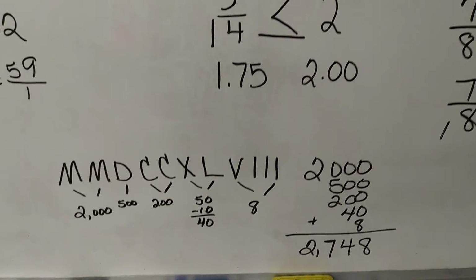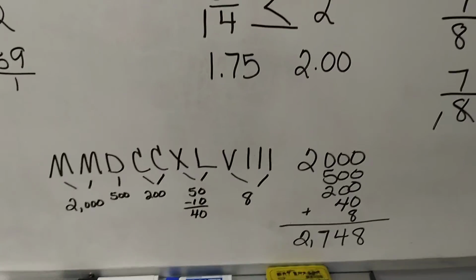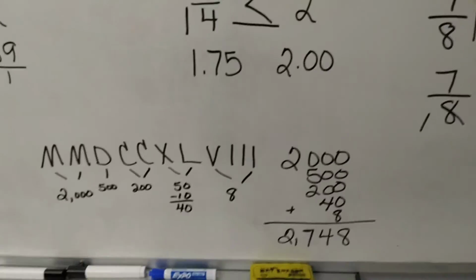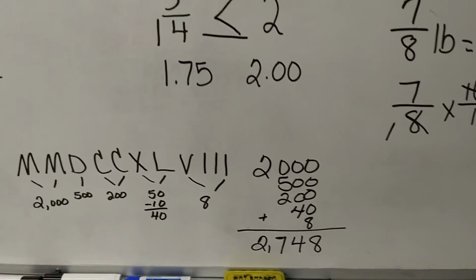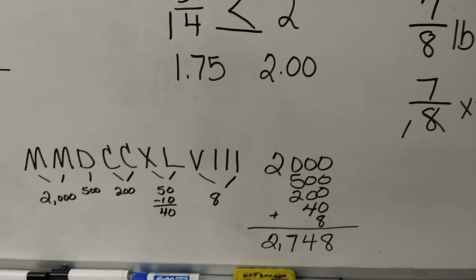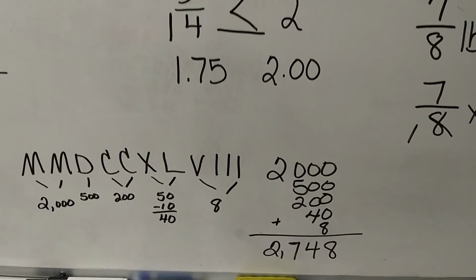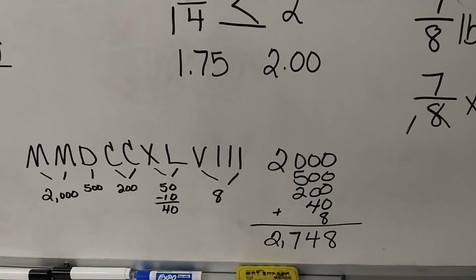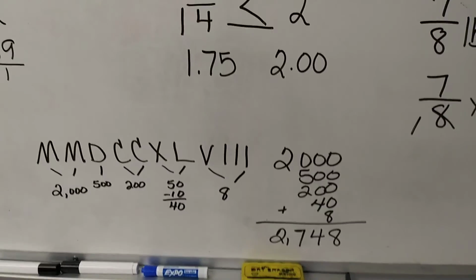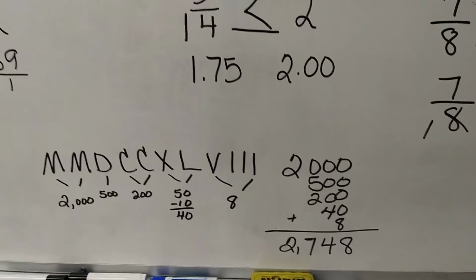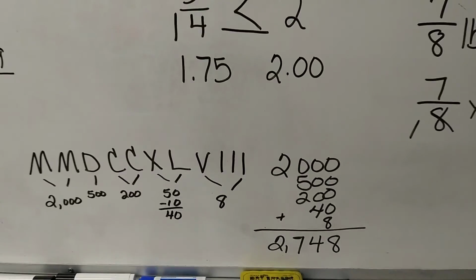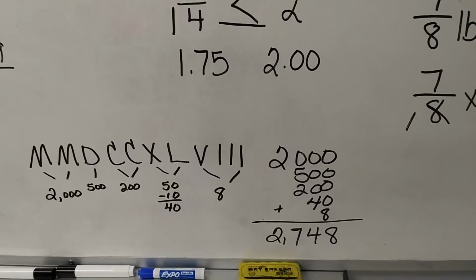So that would be 50 minus 10, which is 40. Then you have V and III, which represents 8. So you would add 2,000, 500, 200, 40, and 8, which would be 2,748. So your answer is 2,748.